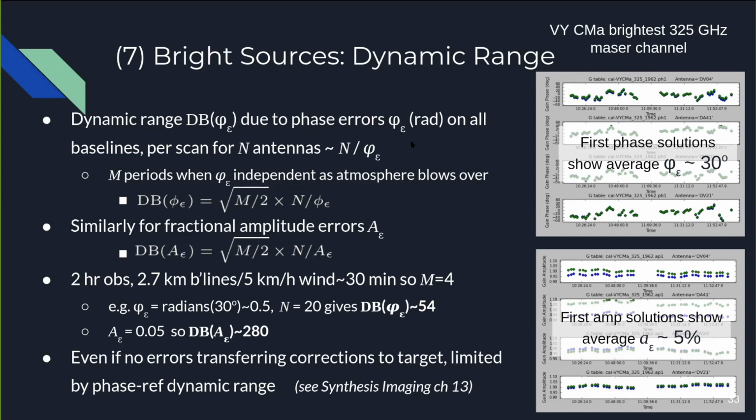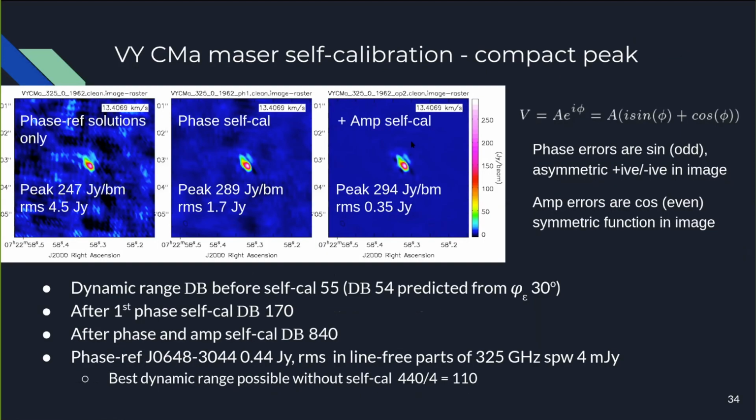So these are a few other things about the self-calibration on a compact peak, just going through what you've actually done. And just to mention another thing which has already been touched on, phase errors essentially represent the sine term in the expression for complex visibilities. And that's why phase errors tend to be anti-symmetric.